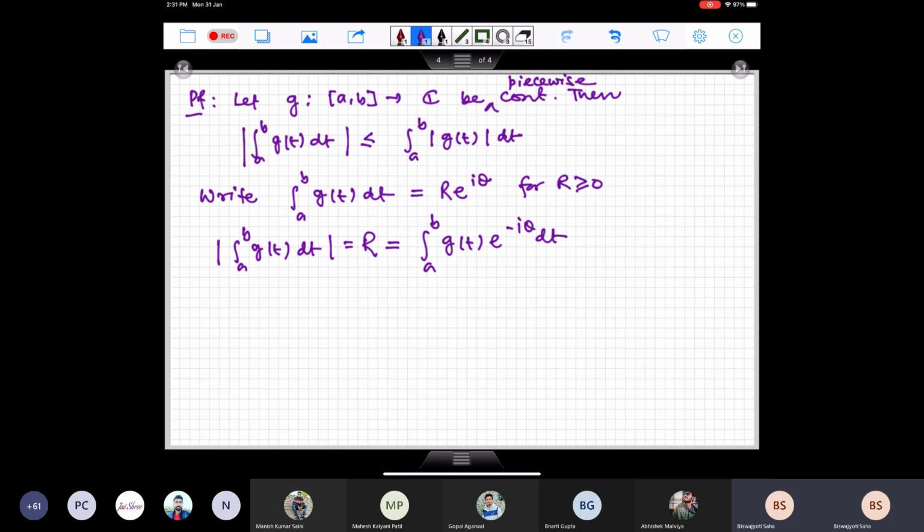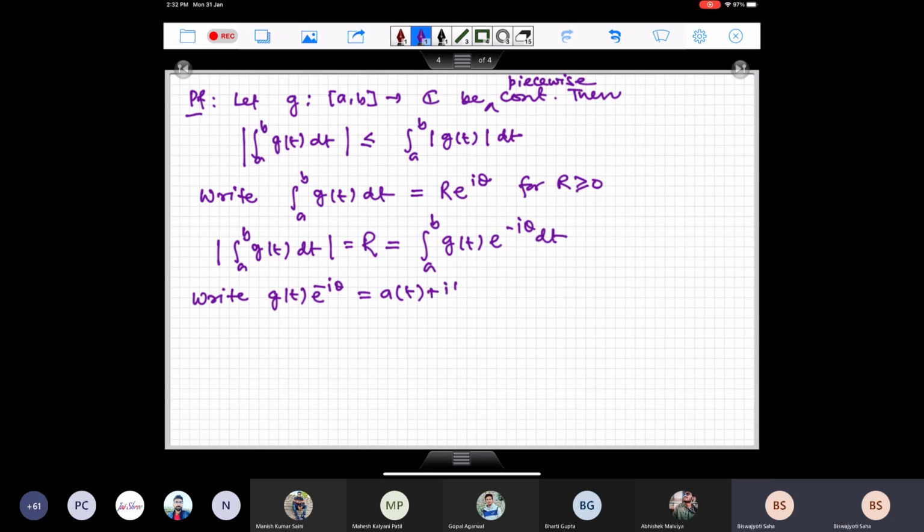Fine. So here now I have to consider this particular integral. So I write g(t) times e^{-iθ} as real and imaginary part.